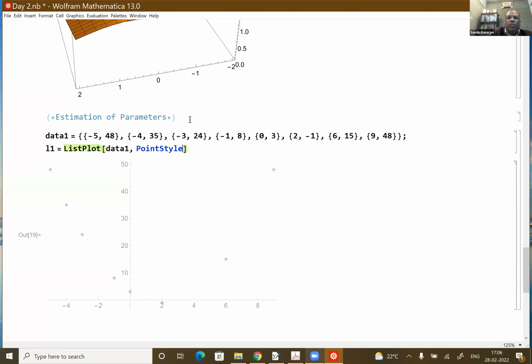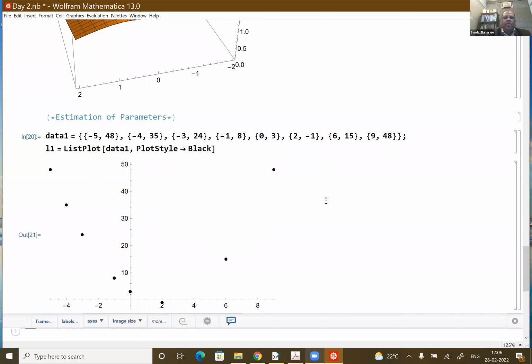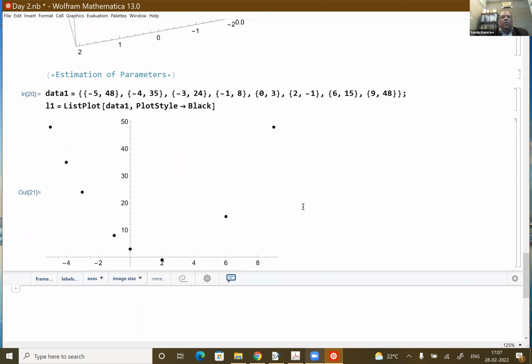Oh, sorry, not points, it's plot style. Yeah. Okay, so I have this set of data and I have just plotted them.